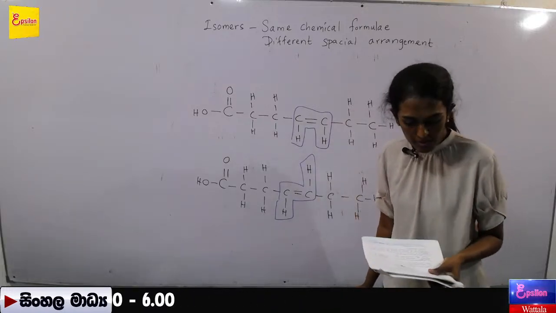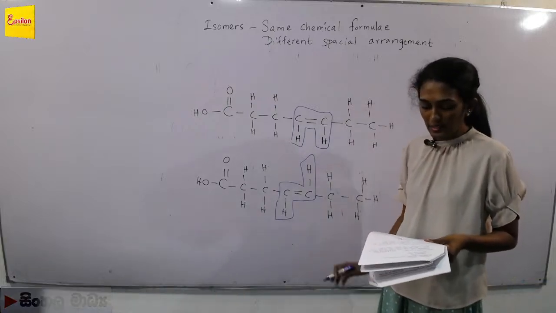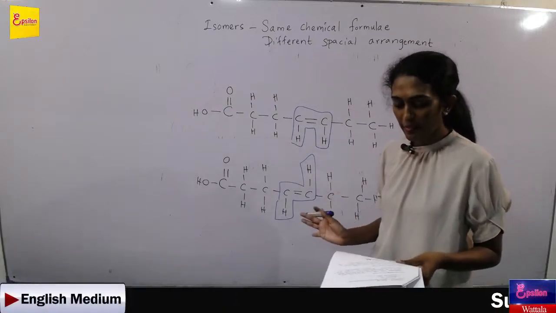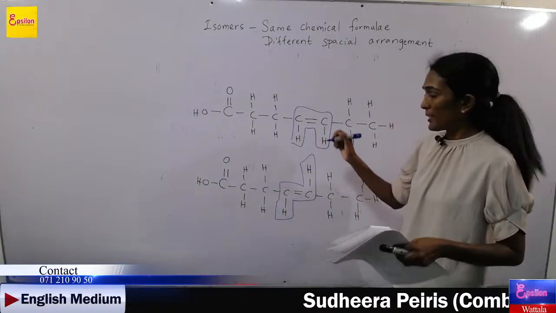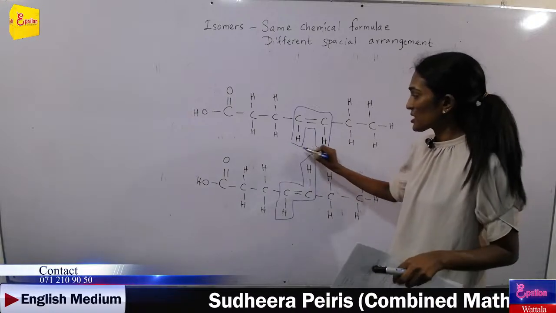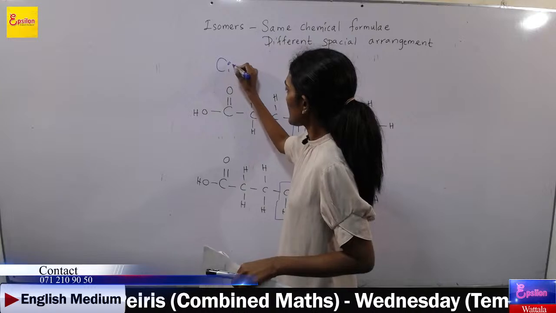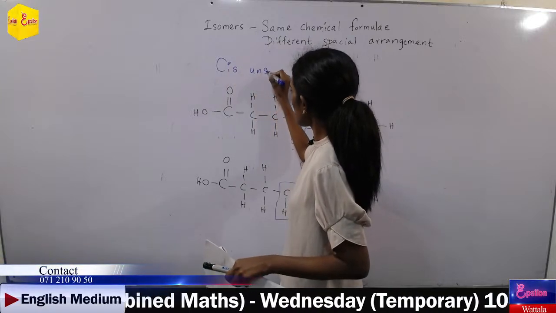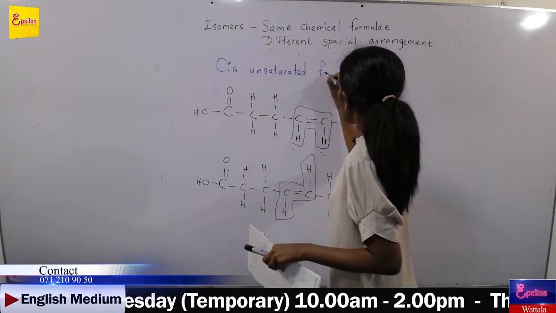Look at the two pictures given to you. The first picture has the hydrocarbon chain bent, isn't it? Hydrogen atoms on one side, we call it cis unsaturated fatty acids.